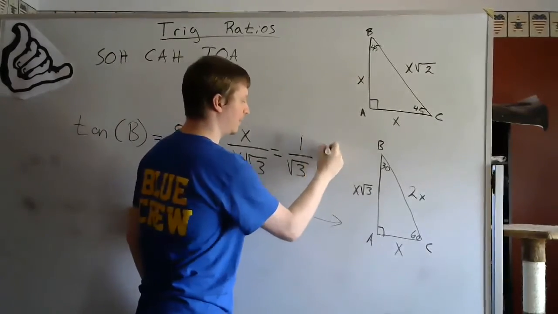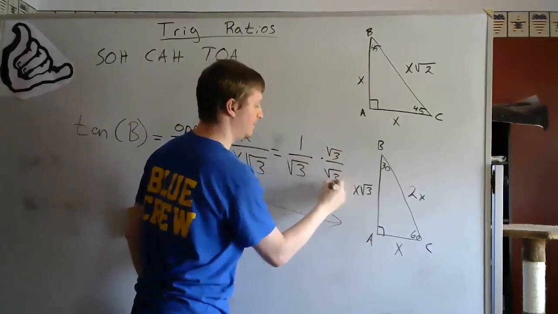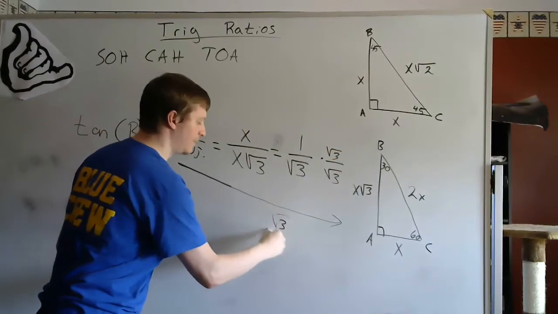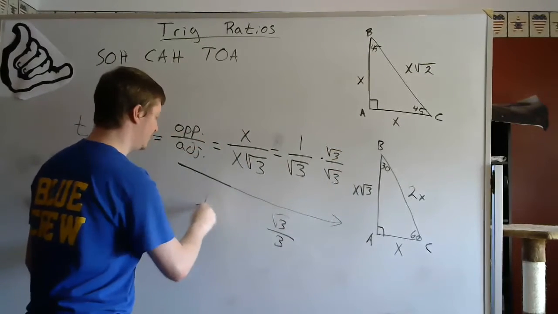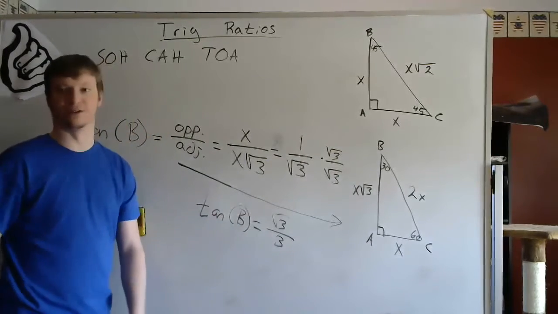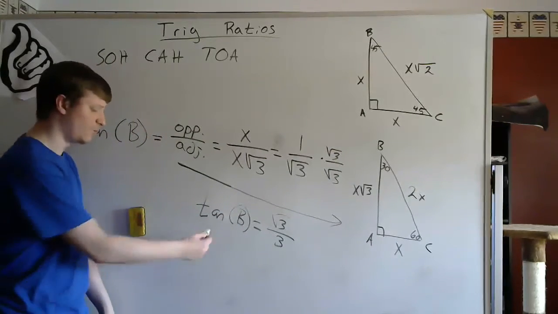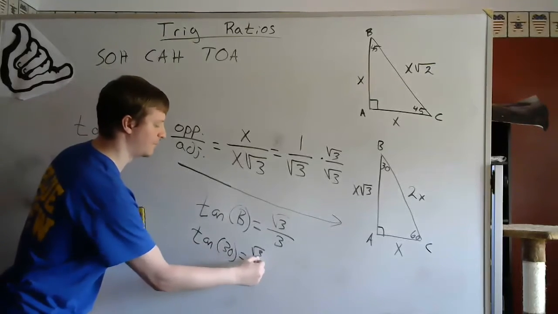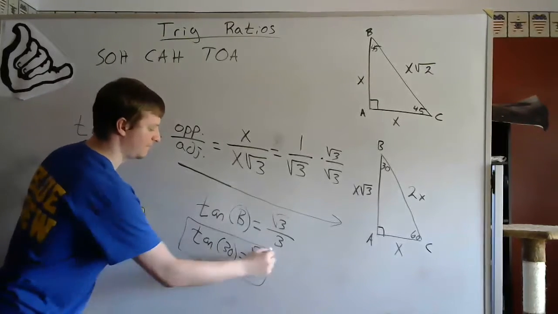Again, I don't like my radicals in the denominator. So multiply by root 3 over root 3, and I get square root of 3 over 3. That is the tangent of B in this particular example, which is then the tangent of 30 degrees, is square root of 3 over 3.